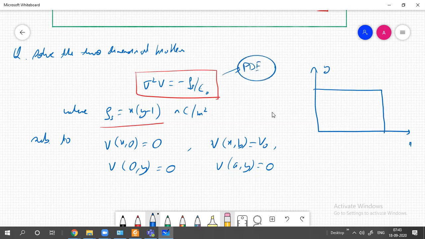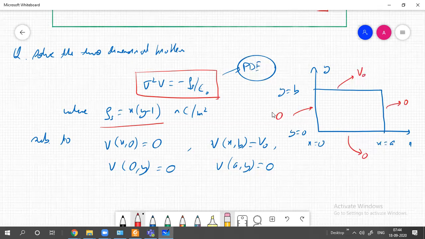Here x equals 0, x equals a, y equals 0, y equals b. The voltages on three sides are 0, and only at y equals b, V of x is V naught, not 0. So we need to solve del square V equals minus rho s by epsilon.